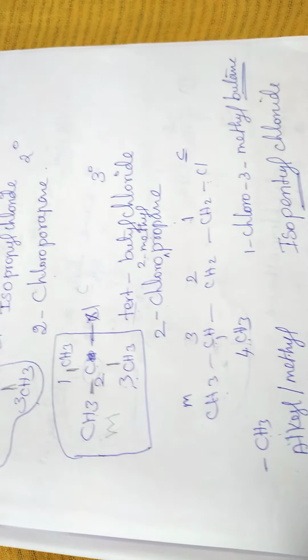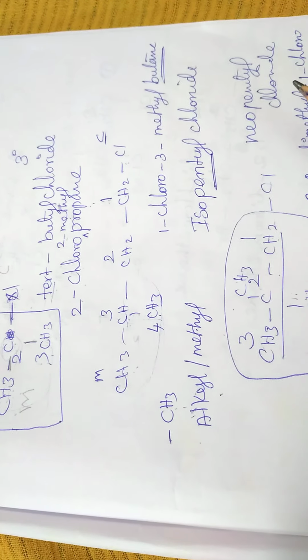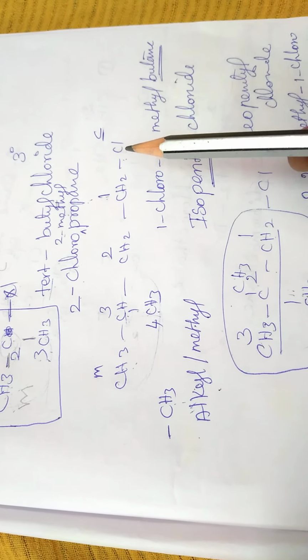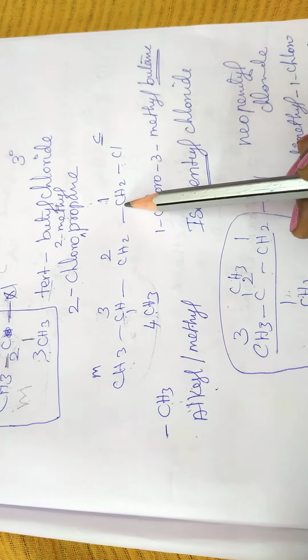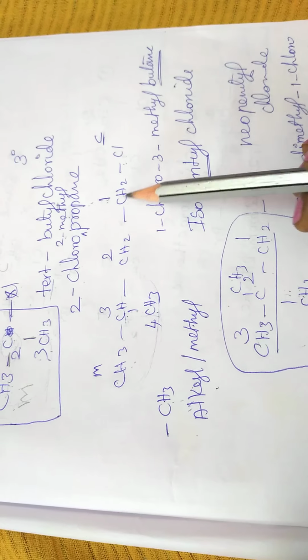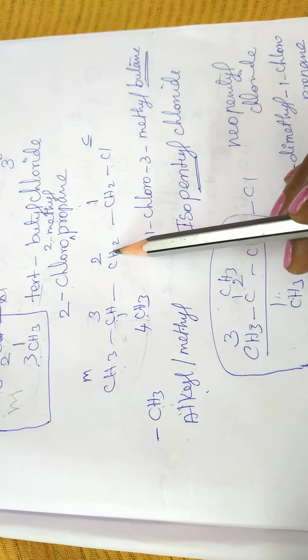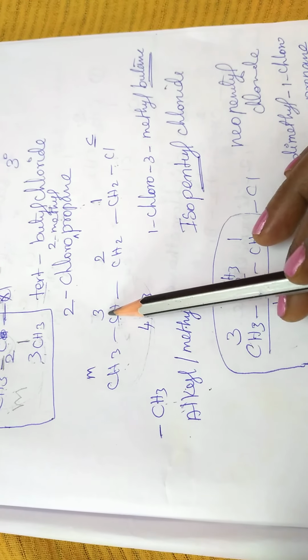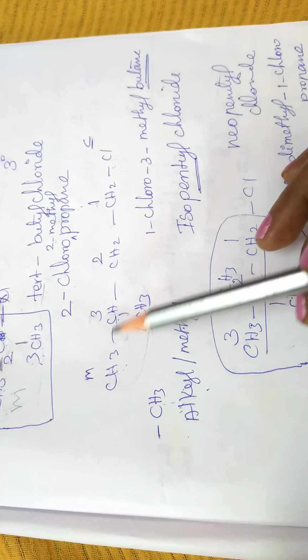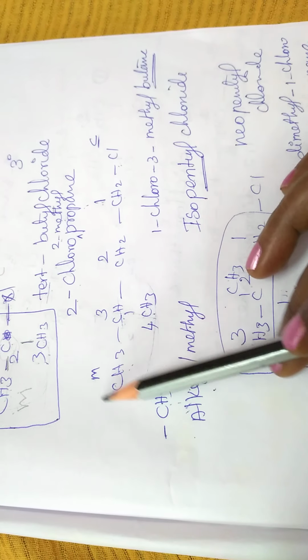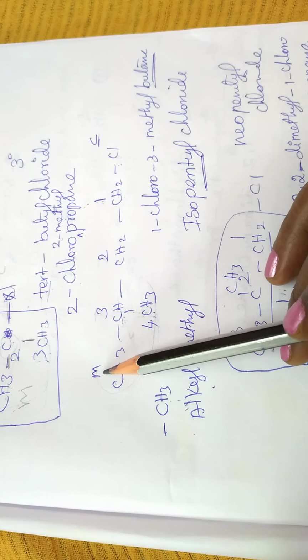And the next one is Cl. So this is the functional group carbon. So it is primary. Okay. Now 1, 2, 3, 4, or I can count it this way, 1, 2, 3, 4. Here in the third carbon, a methyl group is substituted.